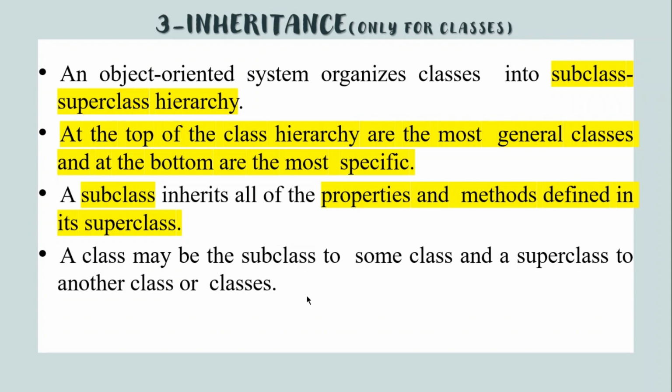An object-oriented system organizes classes into a subclass, superclass hierarchy. At the top of the class hierarchy are the most general classes, and at the bottom are the most specific. A subclass inherits all of the properties and methods defined in its superclass. A class may be a subclass to some class, and a superclass to another class or classes.